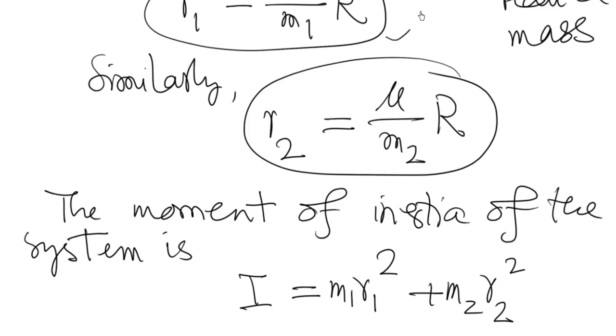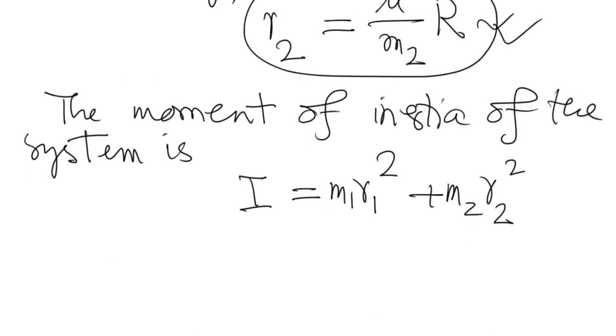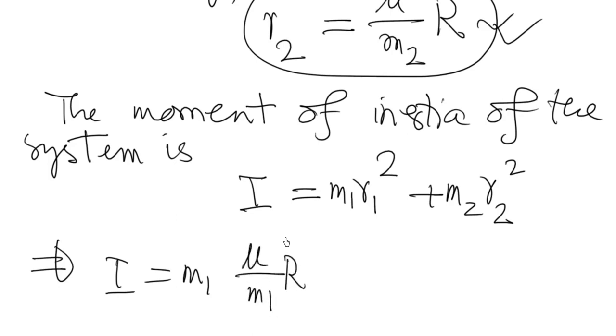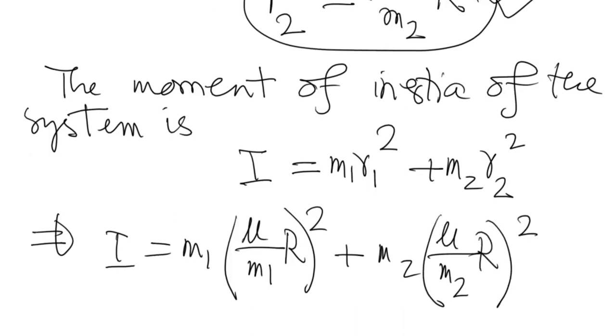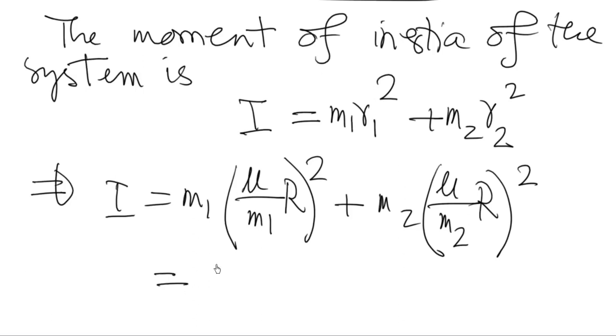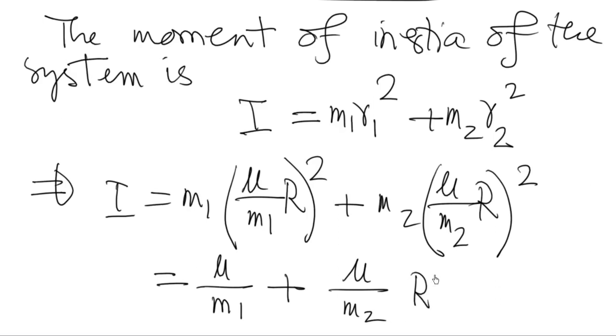So if you substitute this R1 and this R2 here, then we get I is equal to M1 times mu by M1 capital R square plus M2 times mu by M2 capital R square, and this one gives us mu by M1 plus mu by M2 times R square.